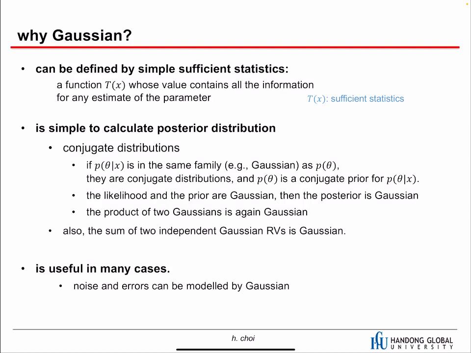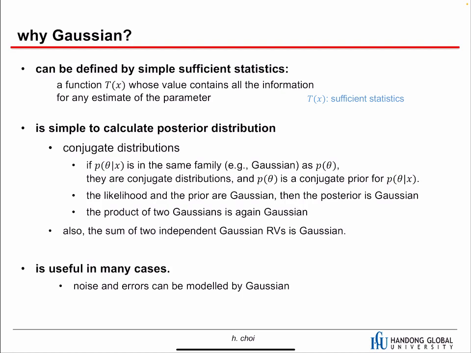So these estimates are quite simple. We can calculate sample average and sample variance simply, and we can estimate the parameters of Gaussian distribution, and that is it. So we can define Gaussian distribution based on samples simply. That's the first reason, I guess.